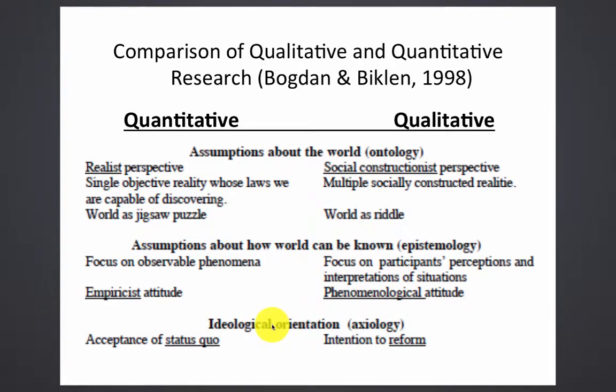Axiology, this is your ideological orientation. And again, this would be one where I very much disagree that it's the case that you can put qualitative and quantitative into buckets. But it is possible that in the qualitative methodology, you may have an intention to reform the way the world works, whereas that will never really happen in quantitative. It's not about advancing agendas in quantitative research.